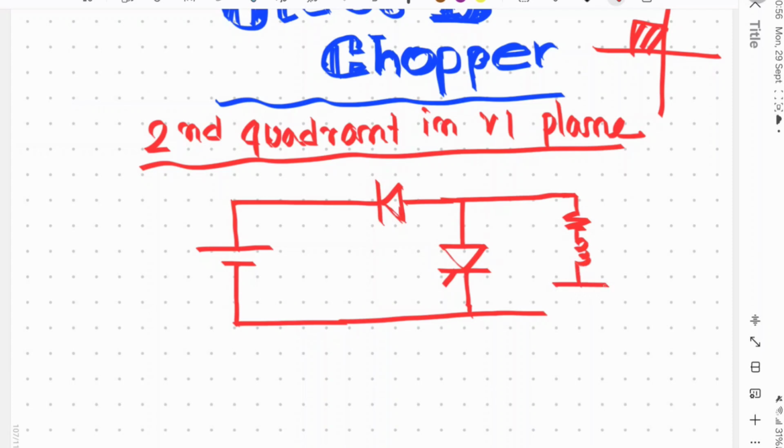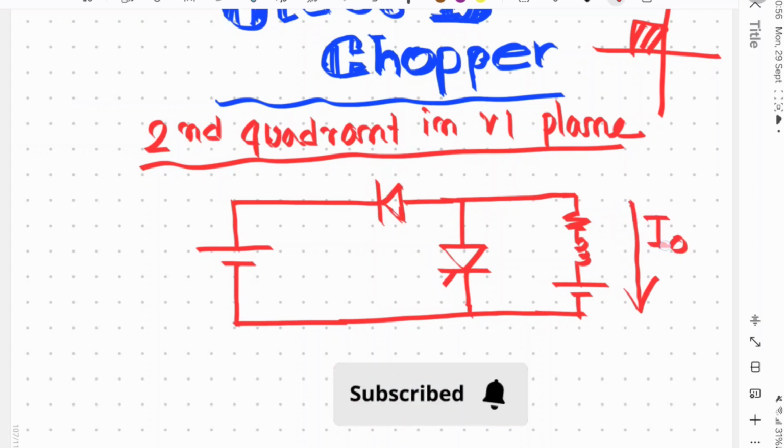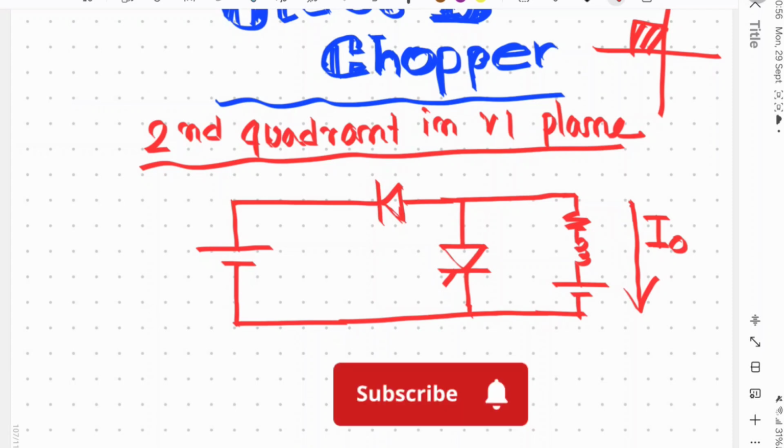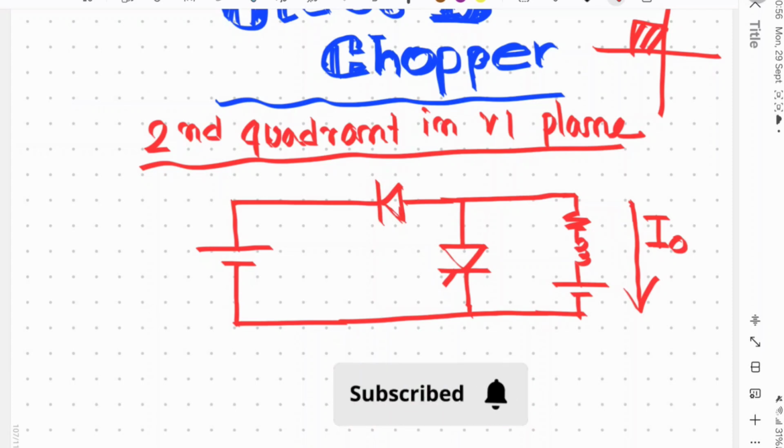This is the desired direction of the current flow. This is the chopper, this is the diode, and this is the supply voltage.